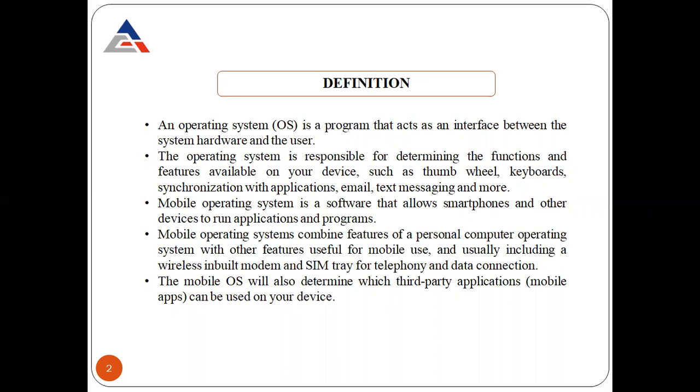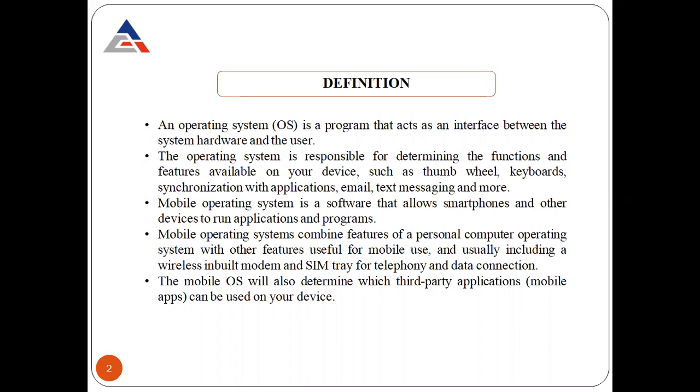So there are some additional features that are added to mobile operating systems. If I compare it with the personal computer, these features include the wireless inbuilt modem and a SIM tray for telephone calling and data receiving or sending.